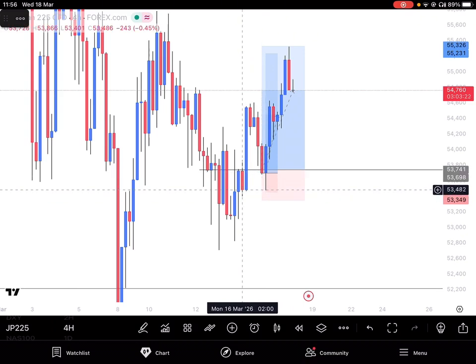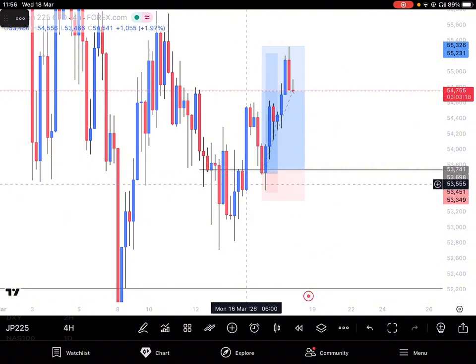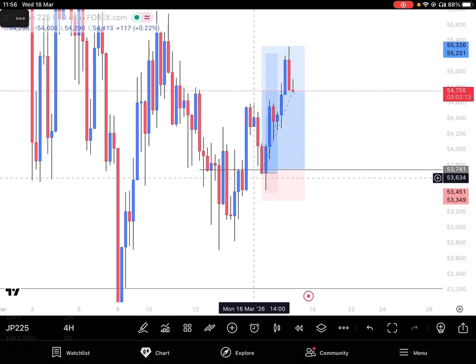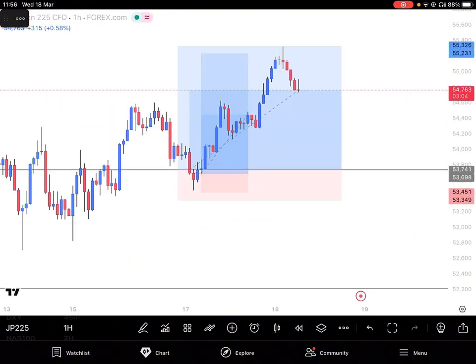You can take your entry from here. You can take your entry from here. You are both right. But this is an aggressive entry, like I got it immediately, and price got it. But if you are the type that loves confirmation entries, you can scale down to 1 hour and look for a confirmation entry.